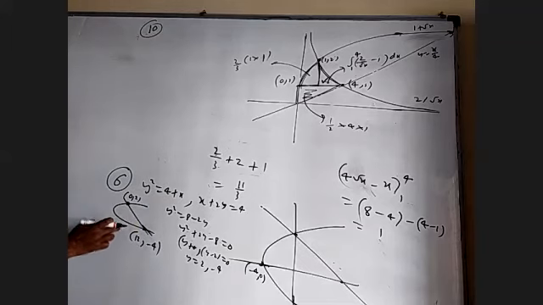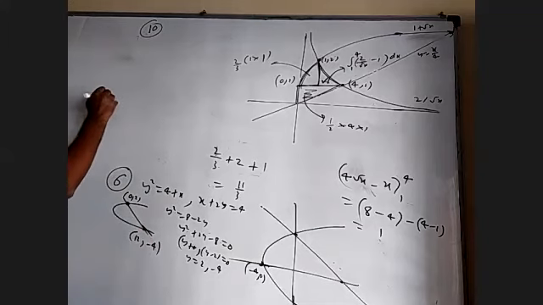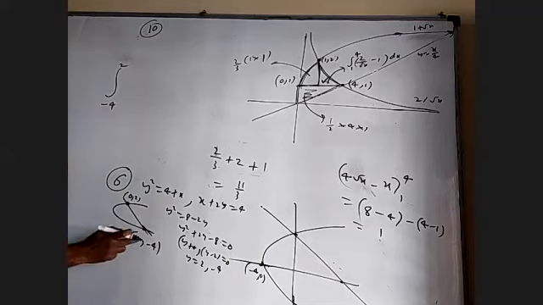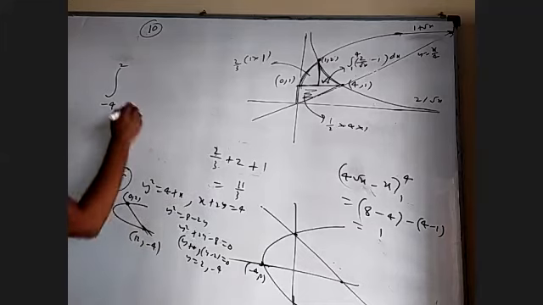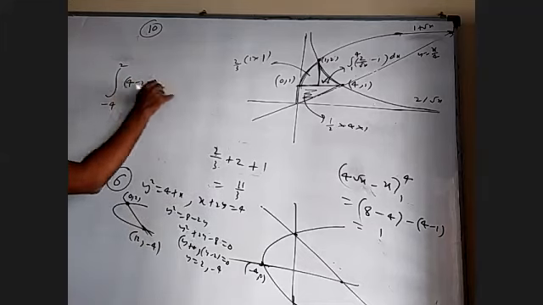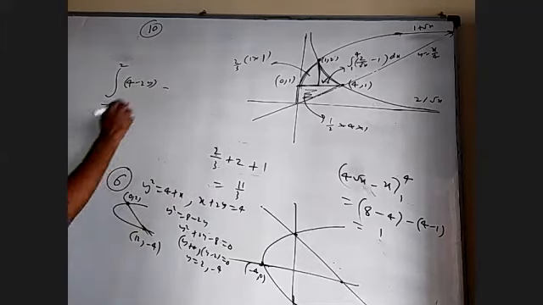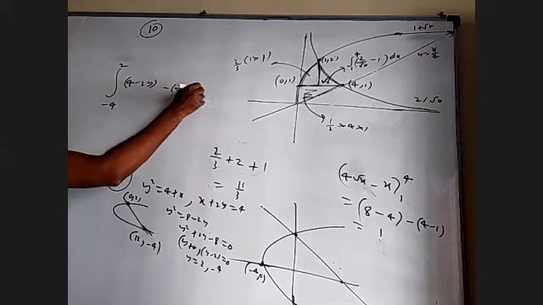Here instead of doing upper minus lower, better is right minus left with the y limit. So when I do integration, it will be minus 4 to 2. Right curve, x in terms of y is 4 minus 2y. Minus the left curve, x in terms of y is y square minus 4.